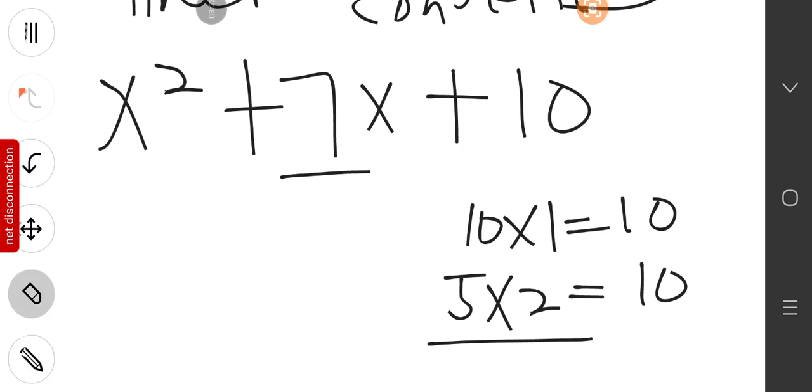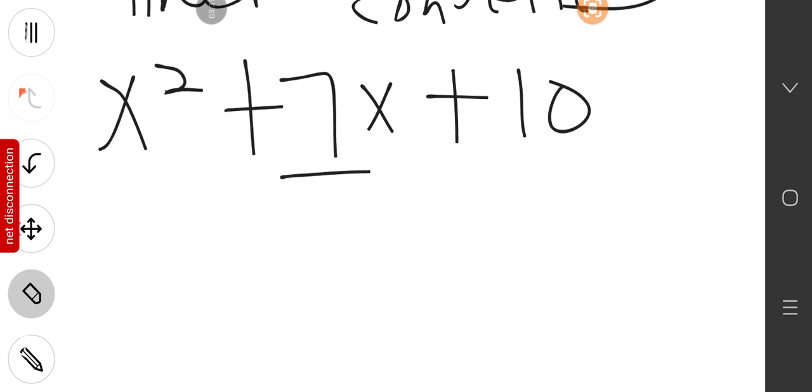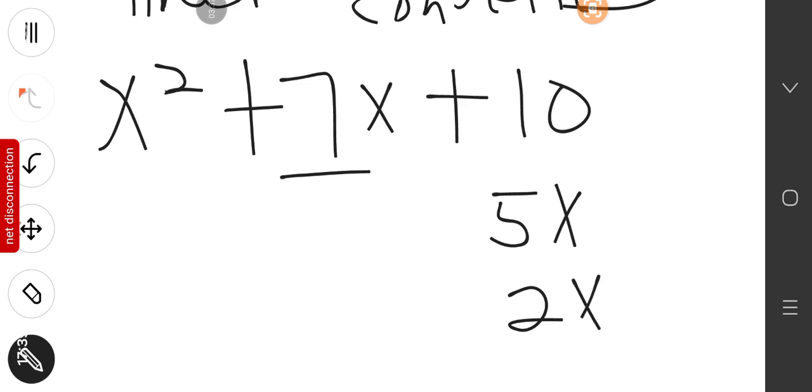So we use 5 and 2 to represent 7x. Therefore, we use 5x and 2x, because we can't write just 2 or just 5 there.